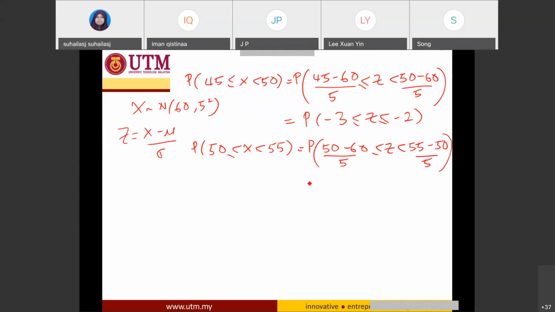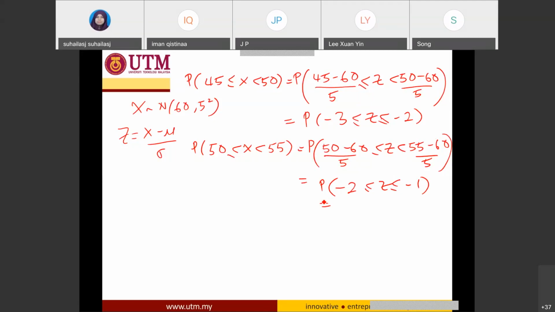This is what you have to do in your assignment, because the question asks you about normal distribution. So standardize to Z: minus 2, 55 minus 60 gives minus 1. Find the value.